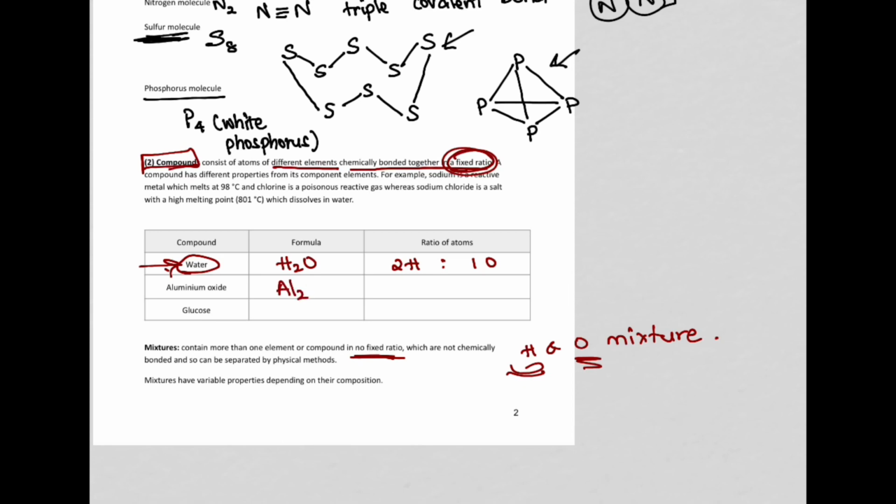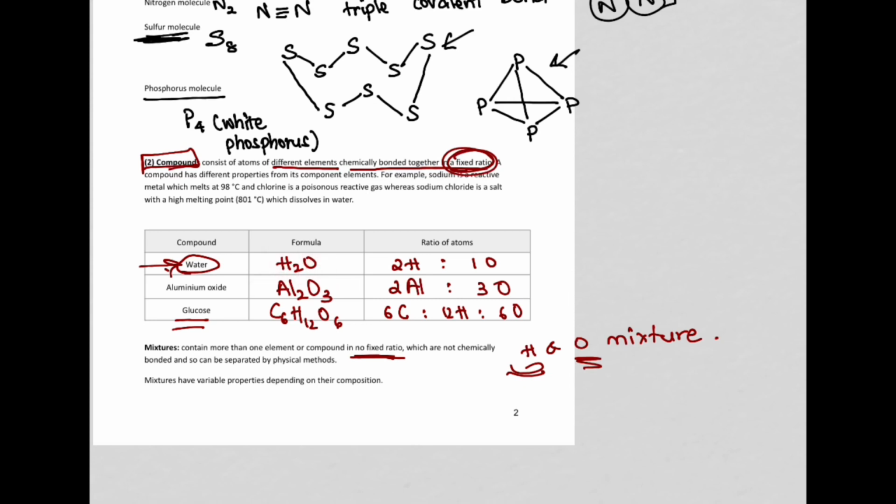Same thing for aluminium oxide: 2 aluminium combining with 3 oxygen. Glucose is C6H12O6, so there's 6 carbon to 12 hydrogen to 6 oxygen. Always the case.